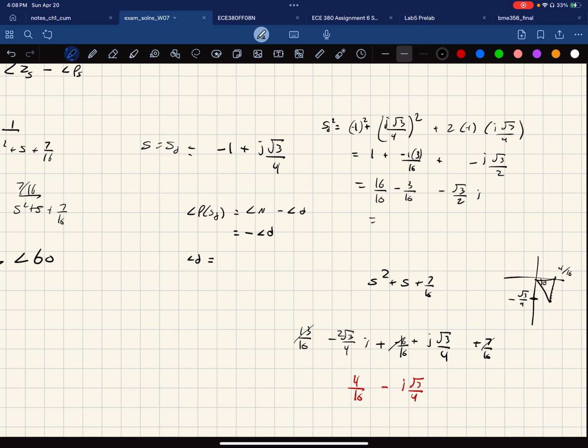And this theta is equal to what? So tan of x is equal to opposite, which is minus root 3 over 4, all over the adjacent, which is 4 over 16.